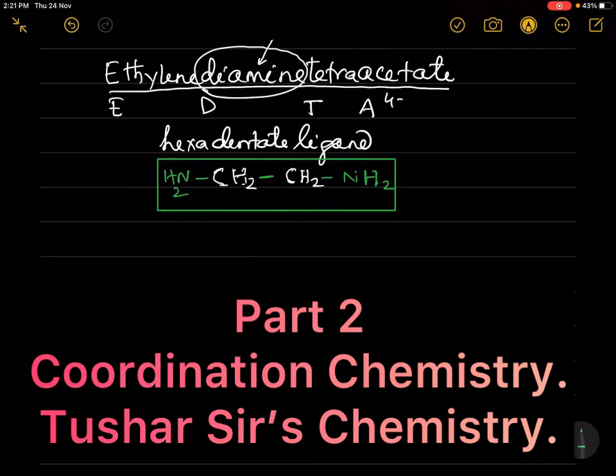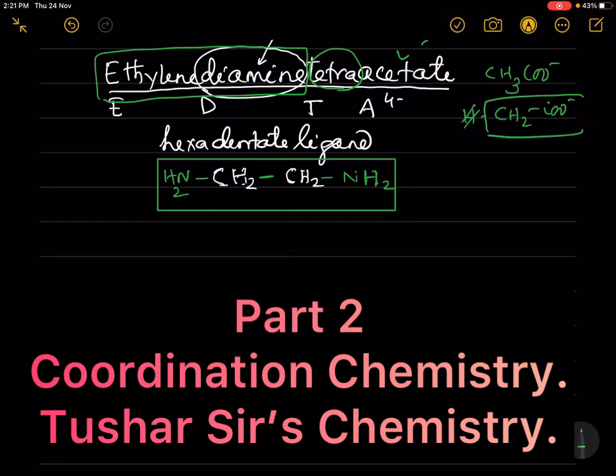diamine. You see, I have written ethylene diamine, but it is connected to 4 acetate ions. The structure of acetate ion is CH3CO minus, but here it is written as HCH2CO minus, and this H will be removed, so you will find 4 CH2COO minus groups on 2 nitrogen atoms.